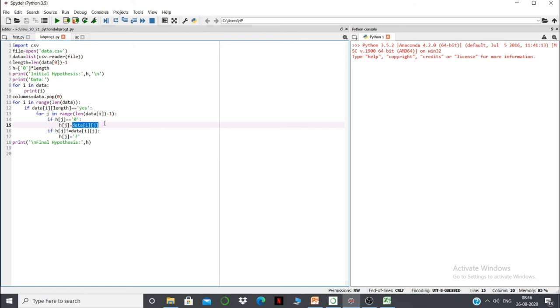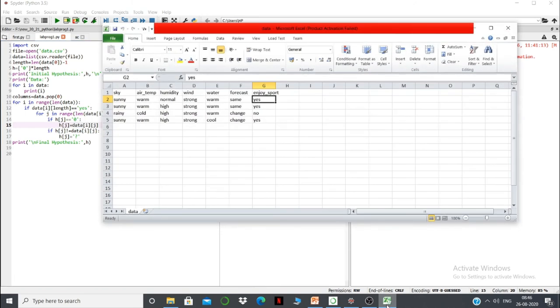After that, once again the cycle repeats and it checks the next iteration. In the next iteration the hypothesis changes from phi, the most specific hypothesis, to the first hypothesis. Now this newly generated hypothesis must be compared with the second training example.